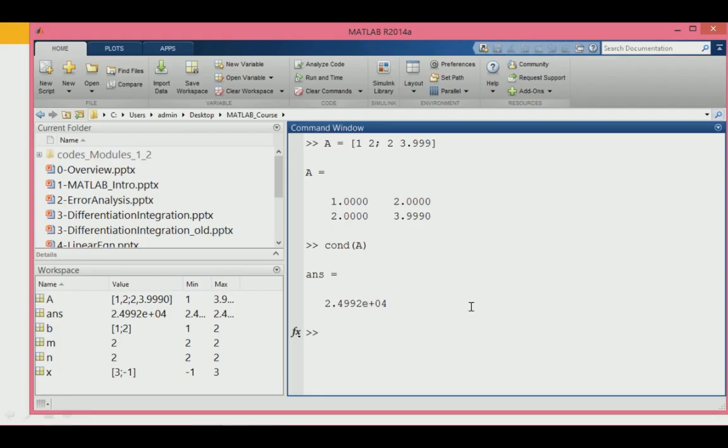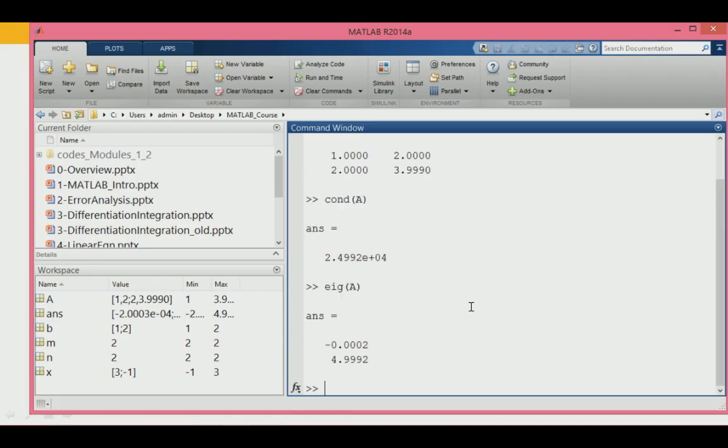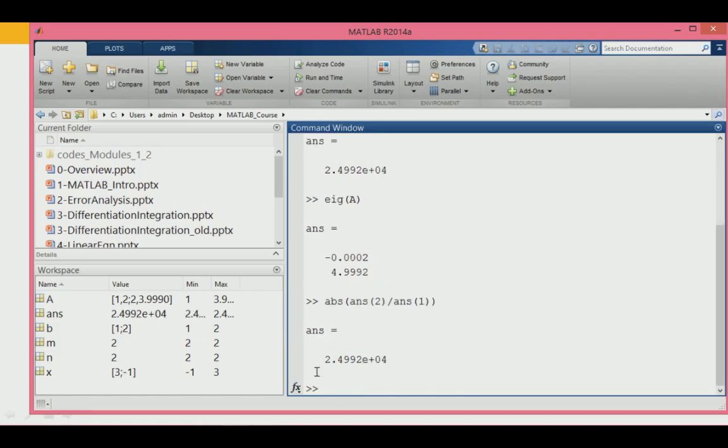Now, we can find eigenvalues of A using the command EIG, and EIG will give you 2 eigenvalues, and we can also verify that the condition number is the ratio of the 2 eigenvalues, and the absolute value of that. Yeah, and this is exactly what our condition number is that we obtained using the command COND.